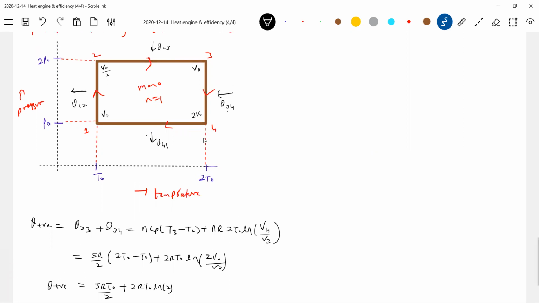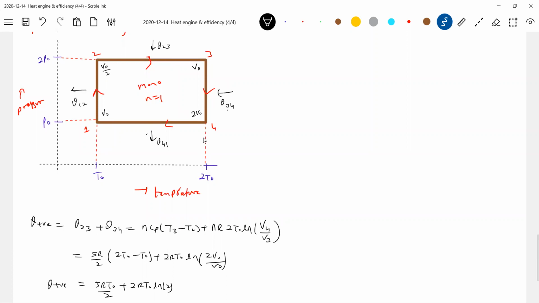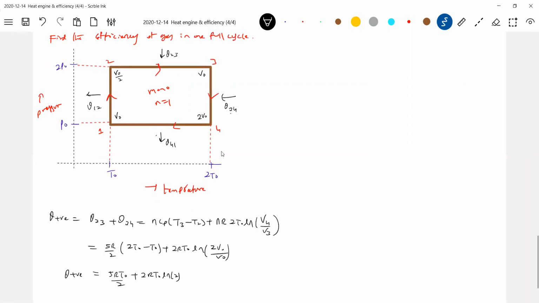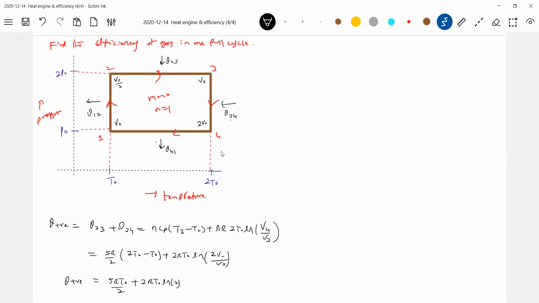Straight away, all this within 2 minutes you're supposed to do. So I suggest you don't write a story. You should be able to, in the exam, directly write this equation. No need to write this symbol. So Q positive, in these two processes it is added. nCp delta T, n equal to 1, Cp 5R by 2, temperature here 2 T naught, T naught.